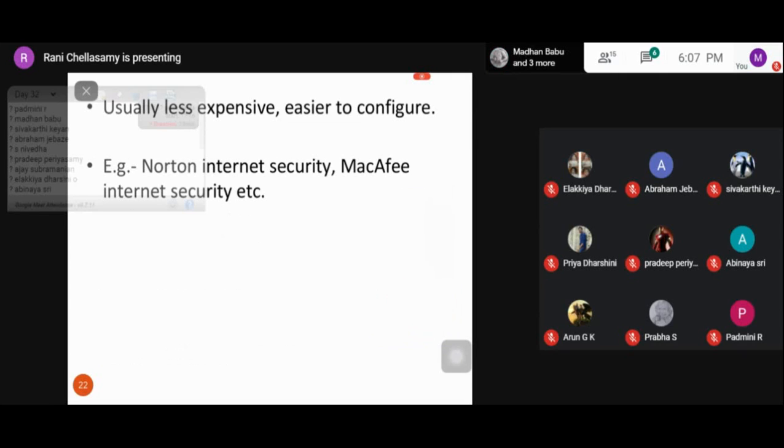So this software firewall is usually less expensive and easier to configure in the particular individual personal computer. And examples for software firewall are Norton Internet Security. So Norton, you might have heard this firewall, Norton Internet Security, McAfee Internet Security firewall. All these are some of the examples for the software firewall.